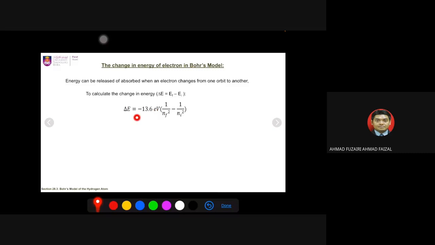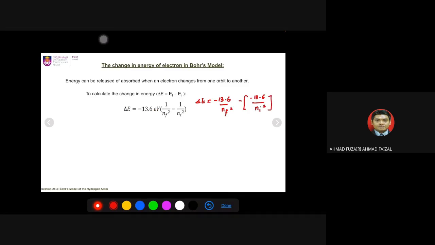Delta E, the change in energy, equals negative 13.6 times (1 over n final square minus 1 over n initial square). So basically it is actually delta E equals negative 13.6 over n final square minus negative 13.6 over n initial square.